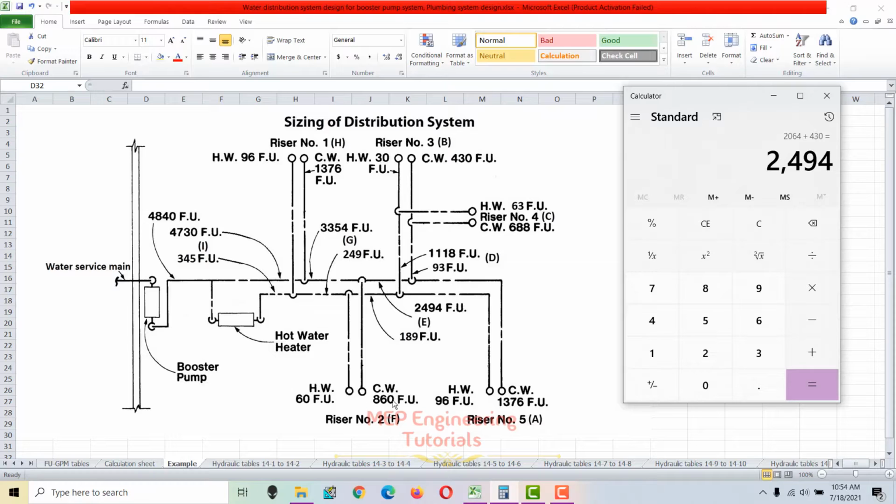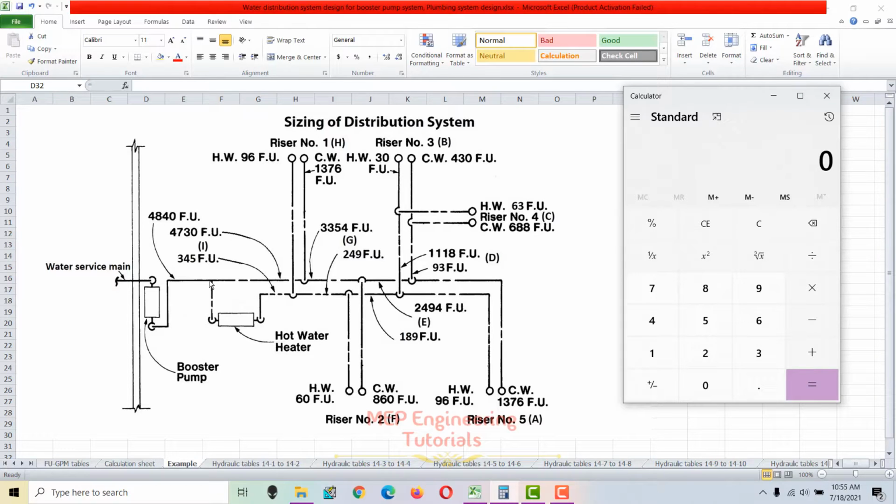Then we have to add cold water 860 here, 860 plus 2494, that is 3354. So we have 3354 cold water fixture units at this point. Now the last one is riser 1, that is 1376 fixture units, plus 1376. So total cold water supply fixture units are 4730 up till this point. Same way you have to calculate the hot water, it will be 345 fixture units.